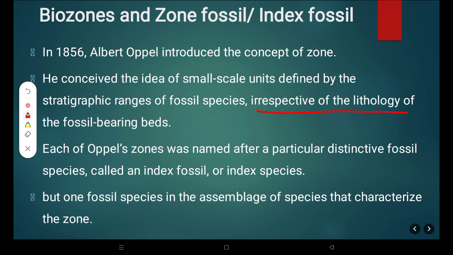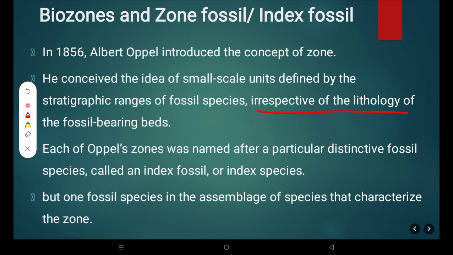So what is an index fossil? It is a fossil which represents a narrow geological range in the time scale, but has very widespread distribution. Their abundance is very high, and they spread throughout, covering a very large geographic area. So this is an index fossil.